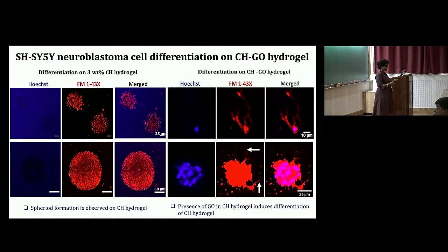These are the neuroblastoma cells, and I was told that when you see these neurons, that is the classic signature that the neuroblastoma cells are differentiating.